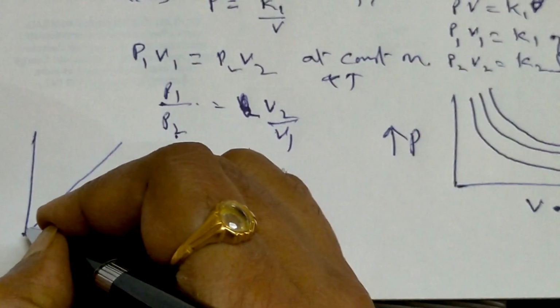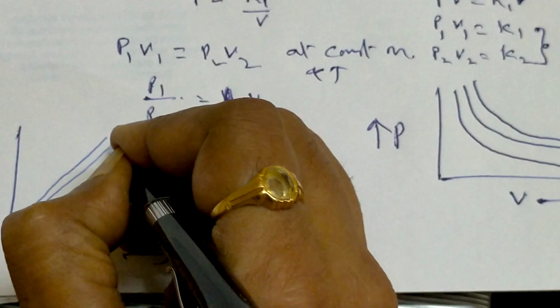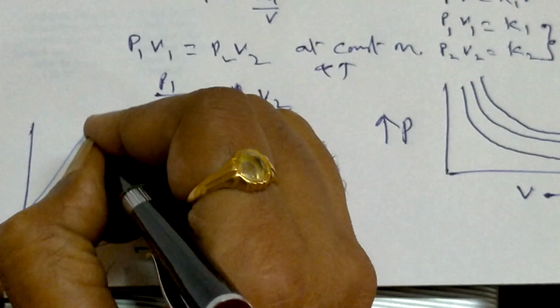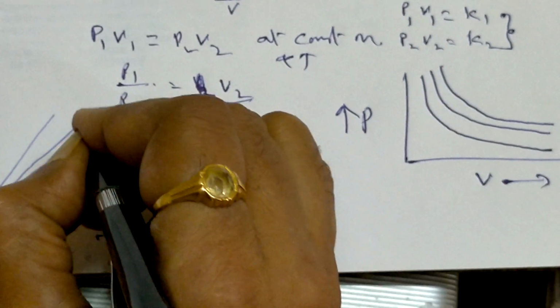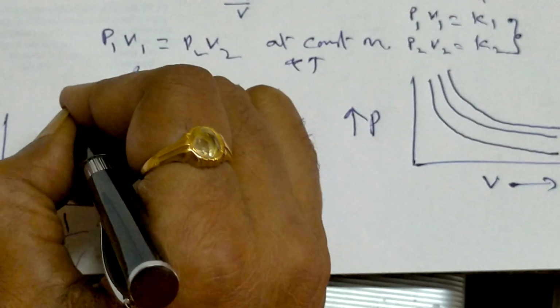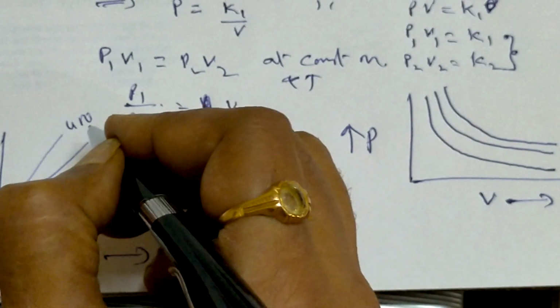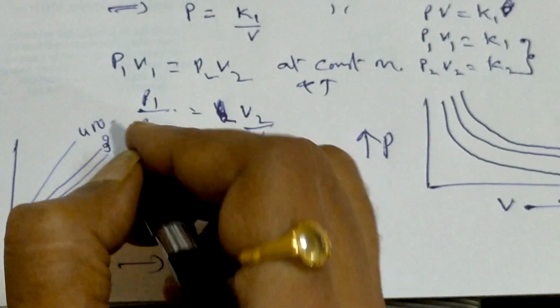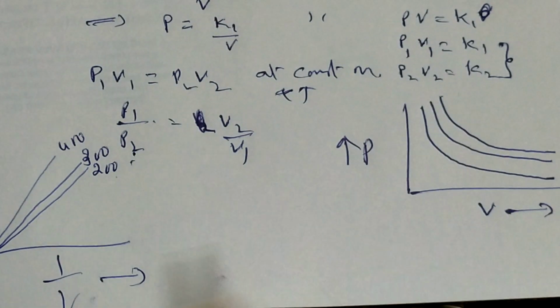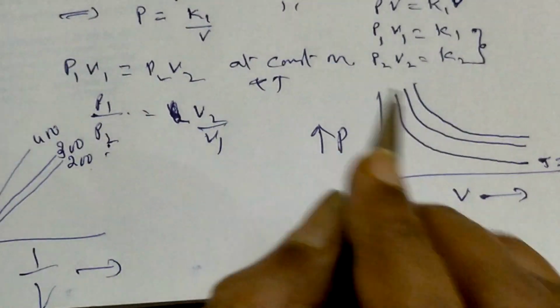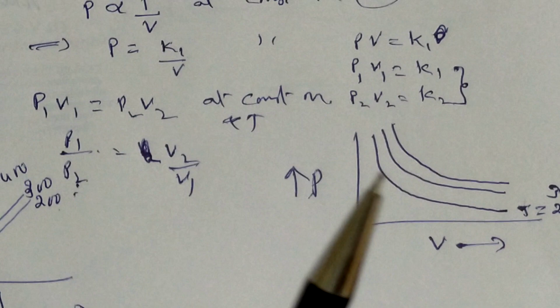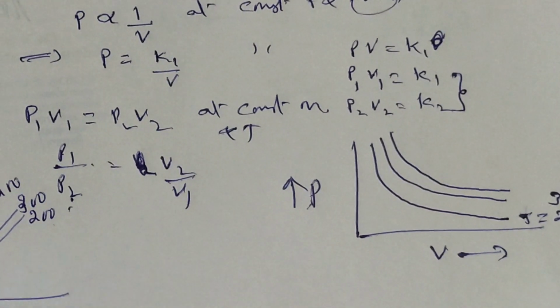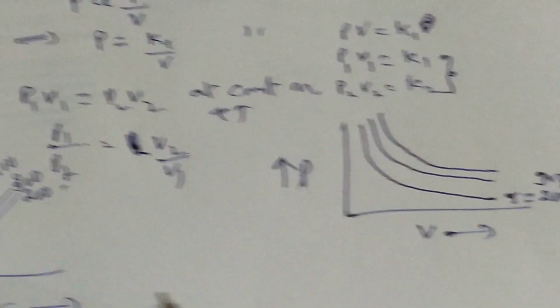The slope will be more for higher temperatures. At constant temperature, PV equals constant, with different isotherms. Isotherms means the temperature is constant.